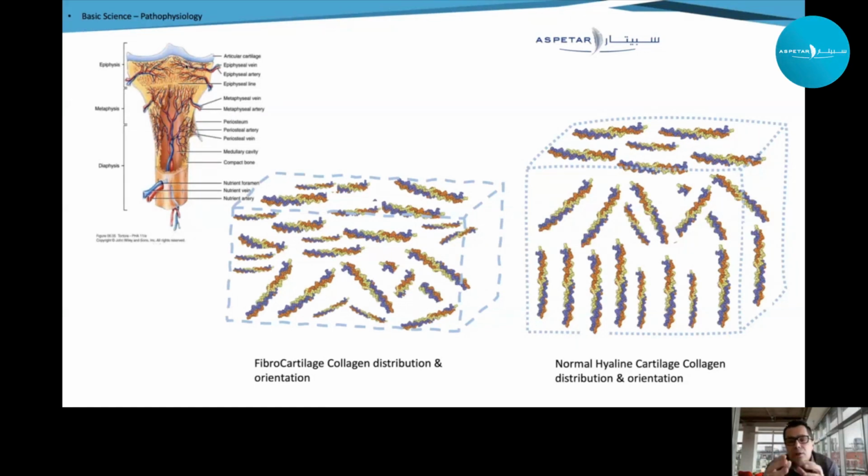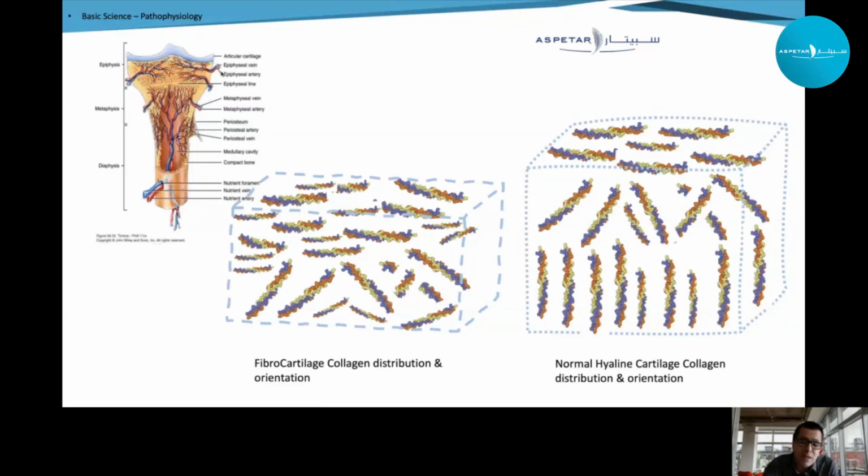The final healing response that the cartilage has after an injury, especially when the bone is not implicated in the injury, is to produce a lower quality tissue, which is called fibrocartilage. It has a higher percentage, of course, of collagen, and especially collagen 2.